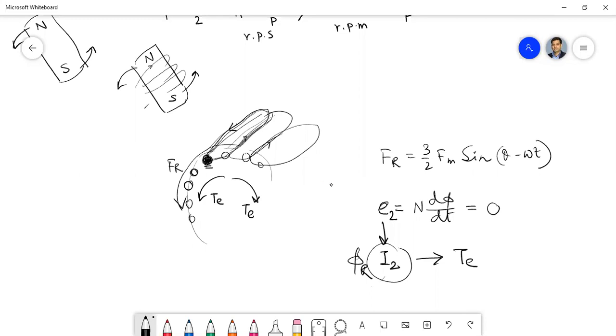If the rotor is static and the rotating magnetic field is rotating at full speed, then you will get the maximum torque. If your rotor is rotating at some reduced speed, you will have some reduced torque, because the torque depends on the relative speed between the rotating magnetic field and the rotor.